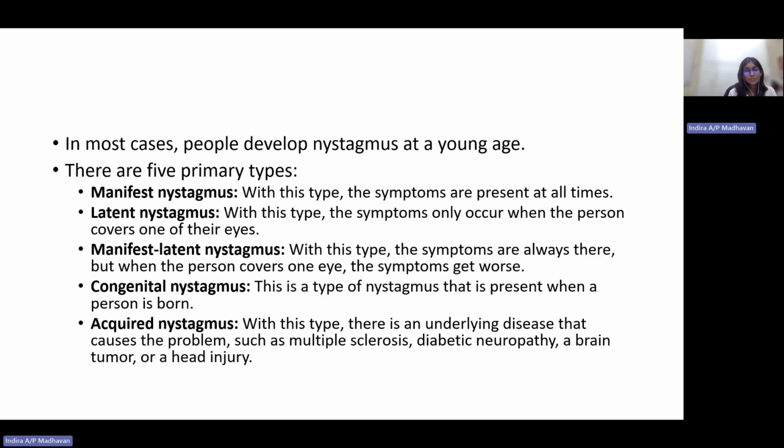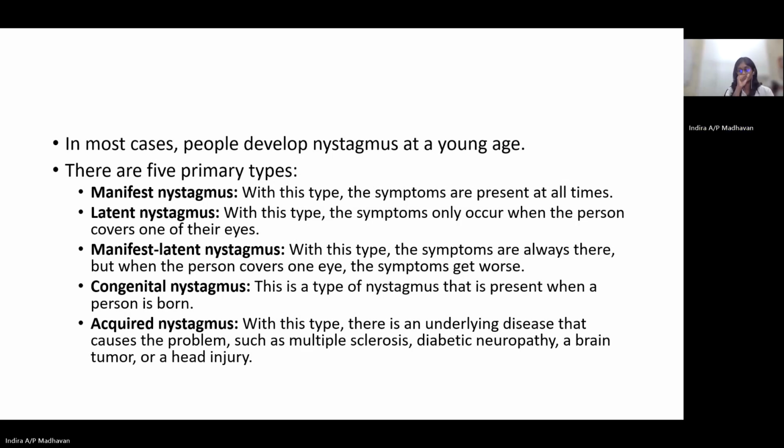In most cases, people develop nystagmus at a young age. Rarely after the childhood days. The reason is that this is a developmental problem or ocular condition. But it doesn't mean that a patient would not have nystagmus at a later stage.